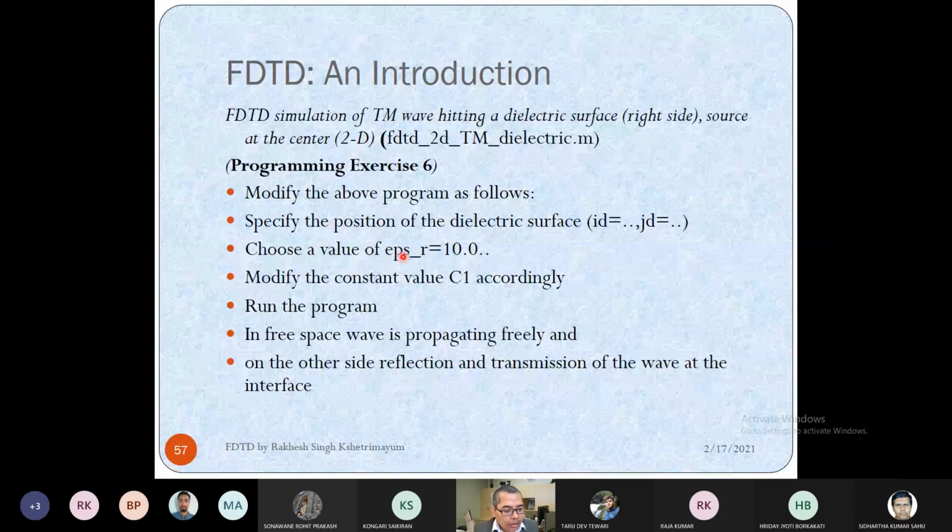Because of this epsilon r, the constant C1 is going to change. If you just make that small modification in the assignment of the medium, changing epsilon r from 1 to 10, then you can run the program. You can see the reflection and transmission of the wave at the interface.